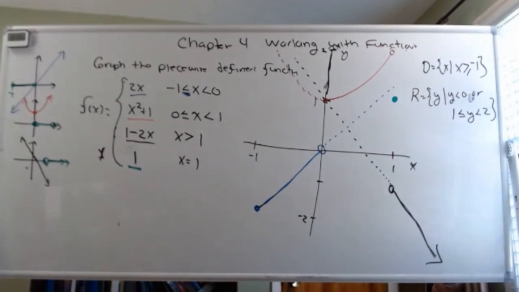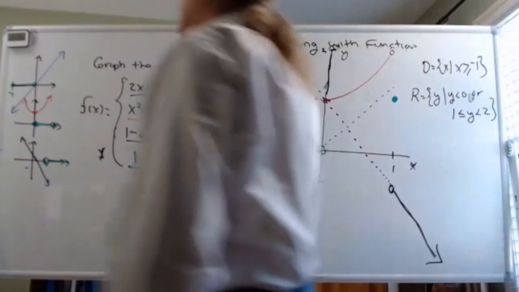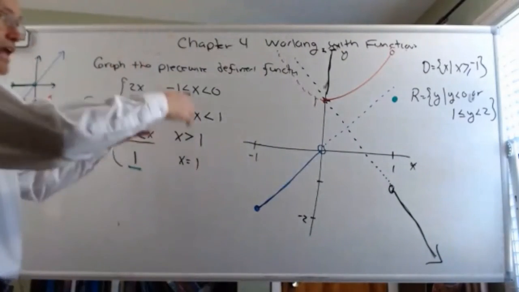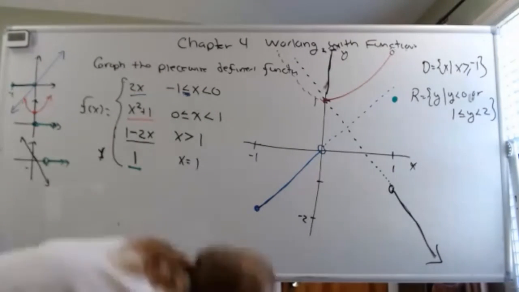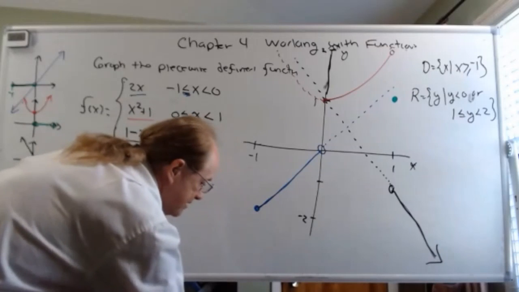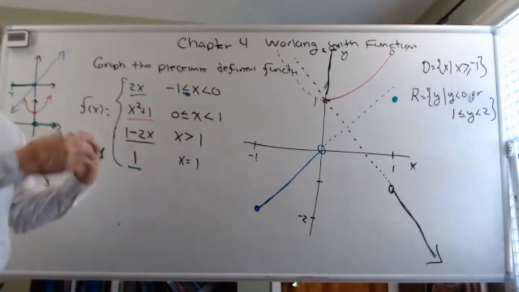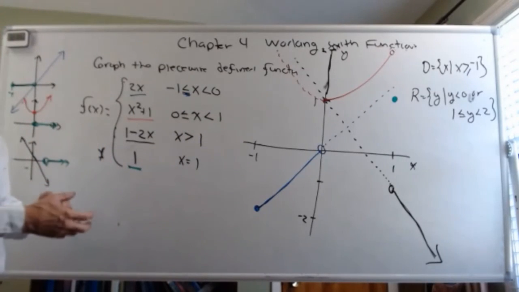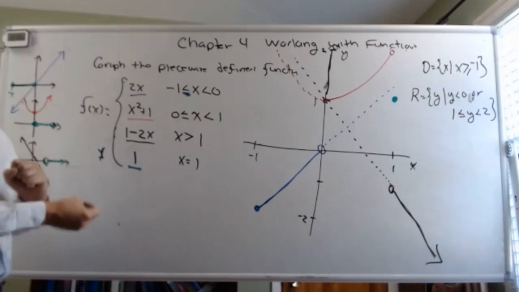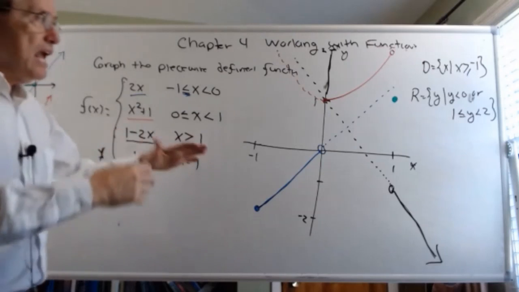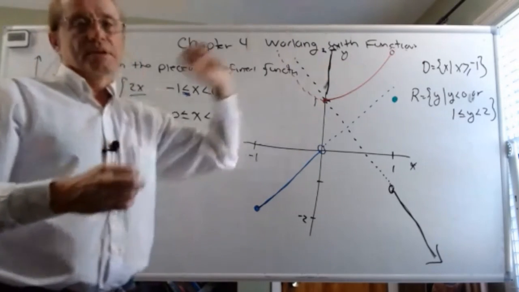You can actually put this into Desmos, if you wanted to, and have it sketch the same thing. Okay, so this just shows you how to represent a very complicated function that's defined piecewise. It's defined in pieces. You can put pieces of things together like puzzles to create a different sort of phenomena.